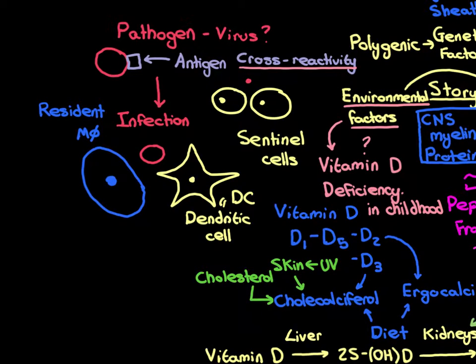So, these are the two major types of sentinel cells, the dendritic cells that have this star shape and the resident macrophages, and these will be dotted around a huge number of tissues, and their job is to stand guard and look out for signs of pathogens, and if they find signs of pathogens, their job is then to set off the alarm and initiate the inflammatory response.